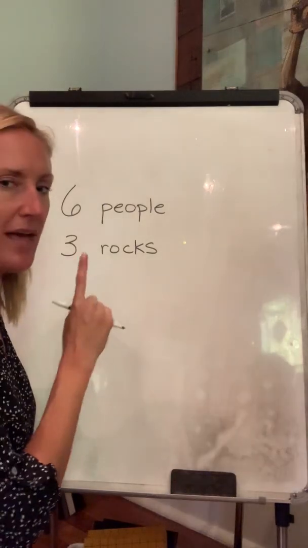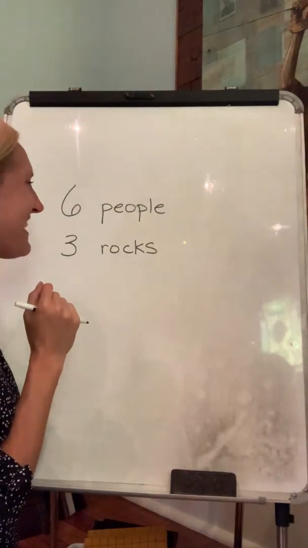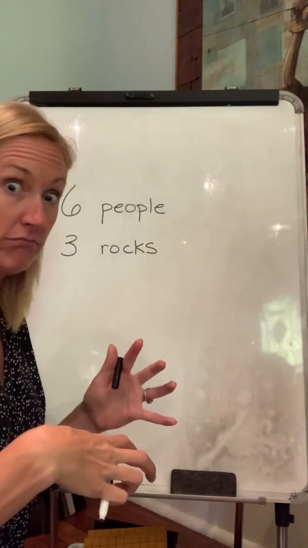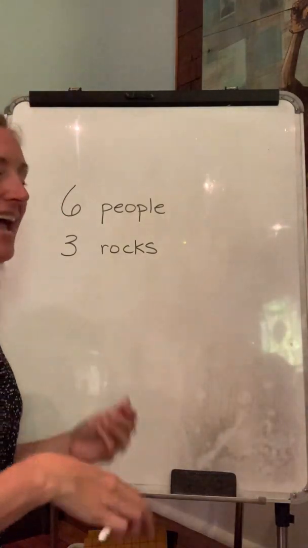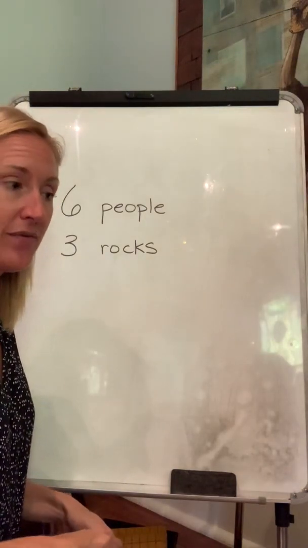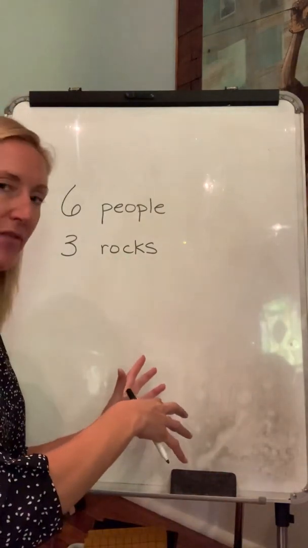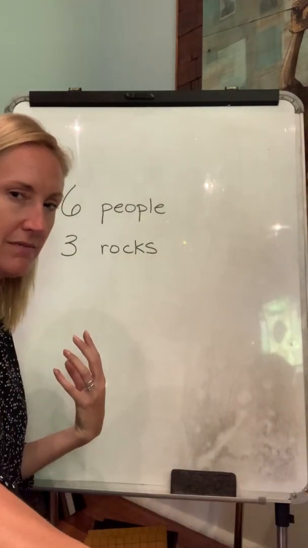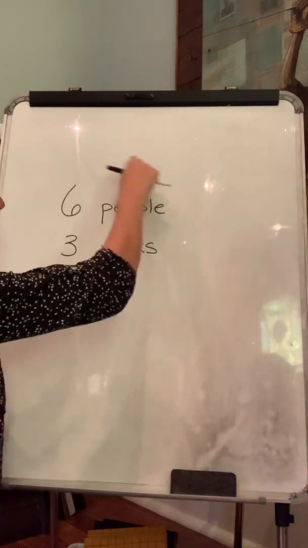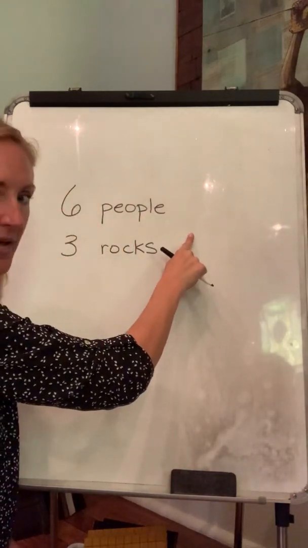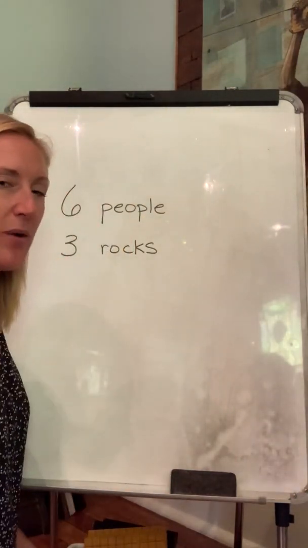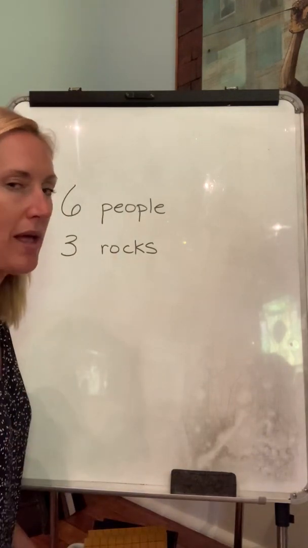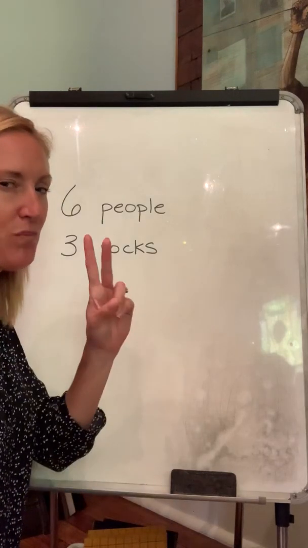Then, after you figure that out, you guys decide you're going to put all your rocks together, and you're going to keep half of the rocks for our class and give the other half to Mrs. Cantrell's class. So figure out how many rocks we have all together with this problem. And then I want you to figure out how many rocks we are then going to give to Mrs. Cantrell's class. So this has 2 parts to it.